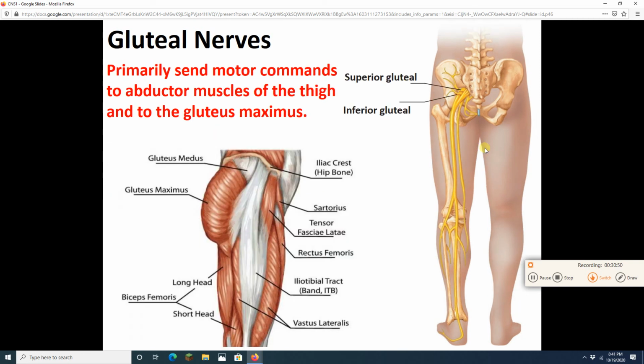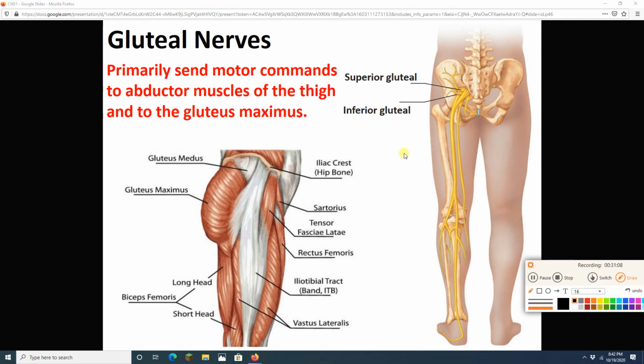All right, gluteal nerves. Gluteal nerves are going basically to the muscles of the butt, which the big one is the gluteus maximus. And then there's one called the gluteus medius, which is an abductor muscle. So the gluteus medius is the muscle in your butt that you would use. Drawing a person again.